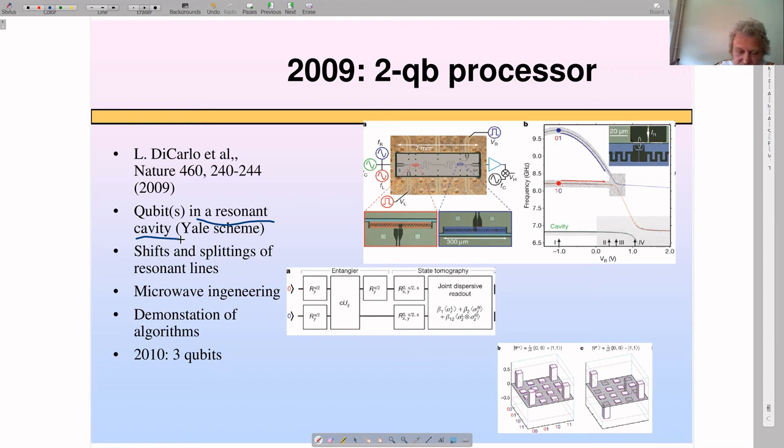And one can use this cavity resonance as a way to read out the qubits, as a way to manipulate the qubits, and one can make this quantum processor.